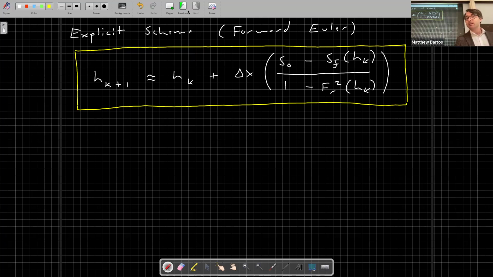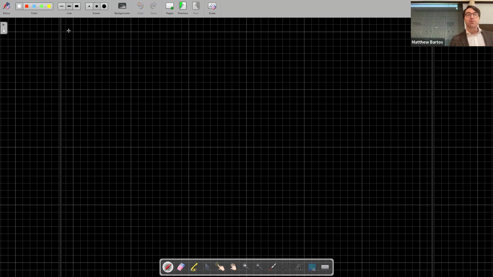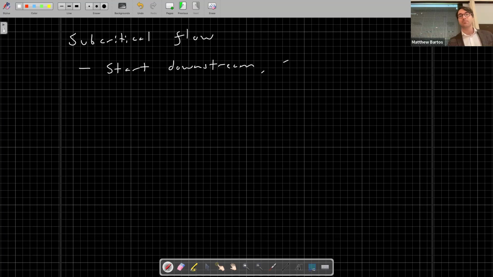There's one thing I need to note here before we get to the example though, which is what boundary point do you use? So it turns out it's going to be different depending on whether our flow is supercritical or subcritical. So be aware that for subcritical flow, we start downstream and step upstream.